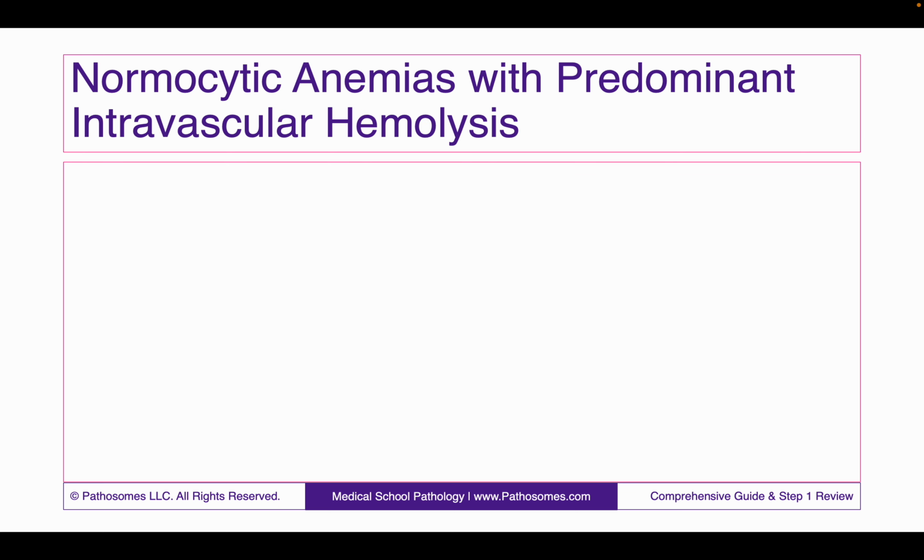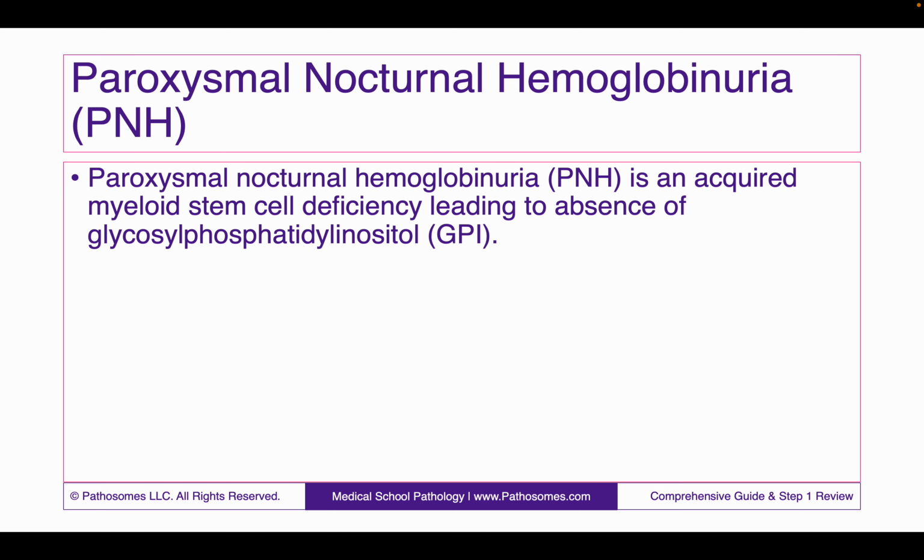All right, now let's talk about normocytic anemias with predominant intravascular hemolysis, such as paroxysmal nocturnal hemoglobinuria. Paroxysmal nocturnal hemoglobinuria is an acquired myeloid stem cell deficiency leading to the absence of glycosylphosphatidylinositol, GPI.